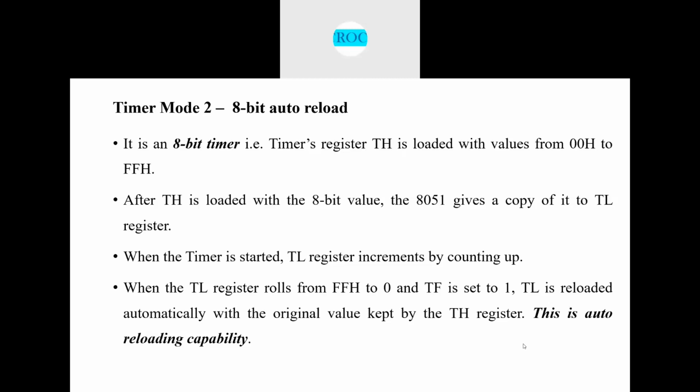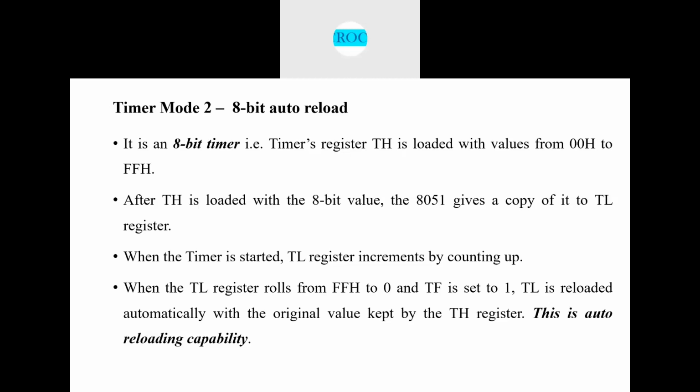You might have seen in mode 1 what we have done. We initialized the TH register and also the TL register, because it was a 16-bit timer, and the maximum number of counts we could have in mode 1 was 65,536. Whenever the overflow flag was set, those 16-bit registers were reset to 0000H.